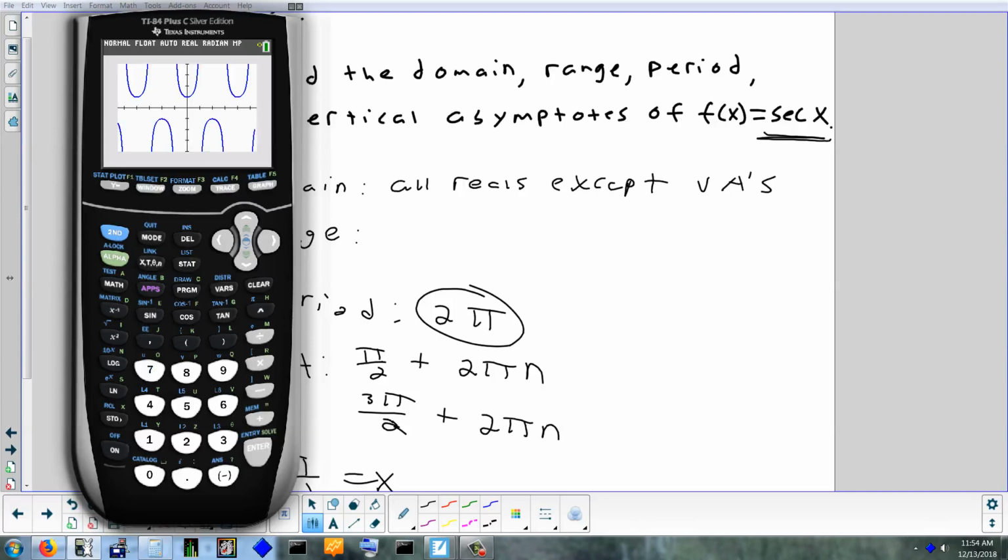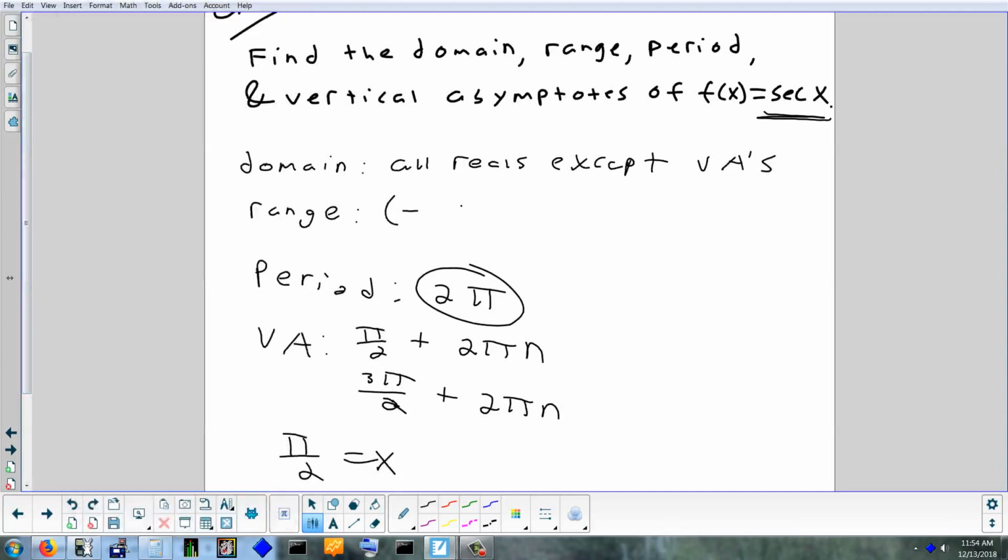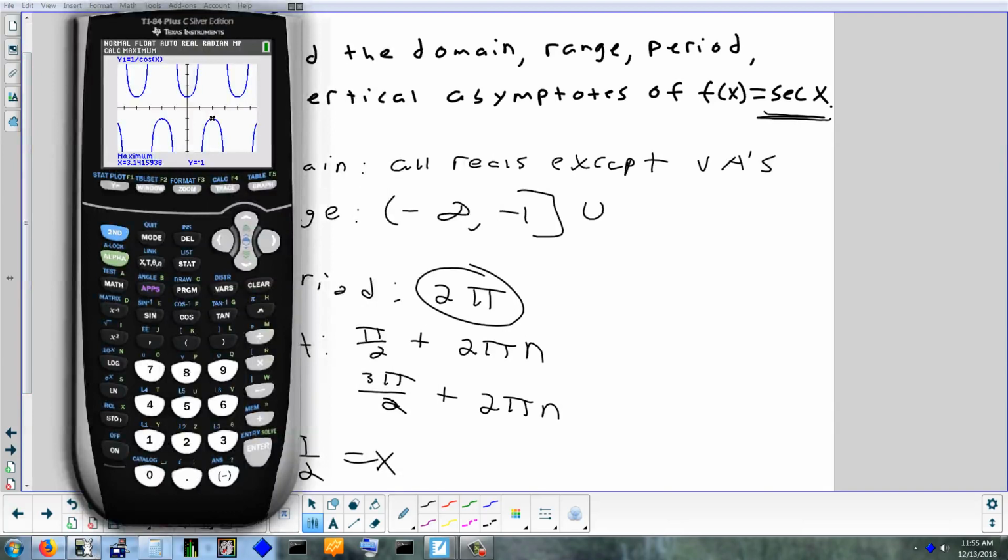So the range has a gap in it. It's everything except what's in the middle. So the way I can figure out what's in the middle is if I calculate a maximum, I can see how high it goes. And they all go exactly the same height. So this goes from -infinity up to -1, including -1. So your range covers every single number from -infinity to -1. Now we said it's going to go up forever.